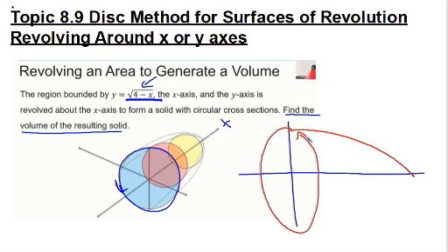And we're rotating it around the x-axis, which means it's going to have some changing radiuses, or radii, I guess, would be the more appropriate thing. What we're going to use to find this is we are going to slice off a disk.